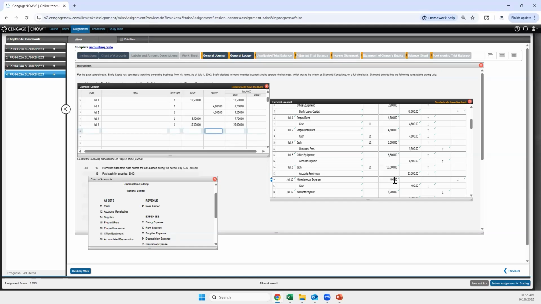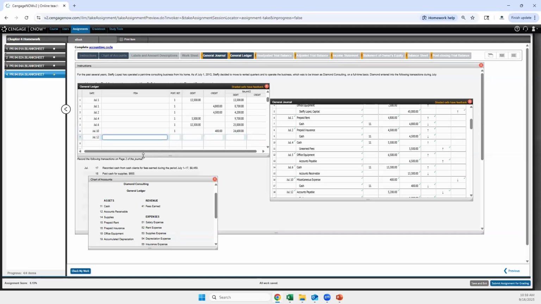Now we're going to have miscellaneous expense that we paid for cash. That's 400. And we'll post that. And that was July 10th. Which makes our running balance 24,600.